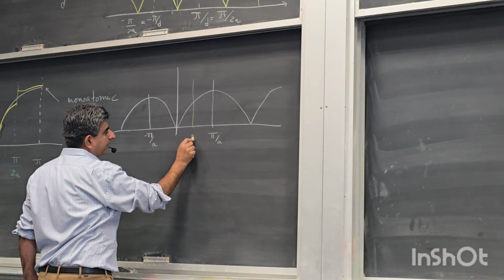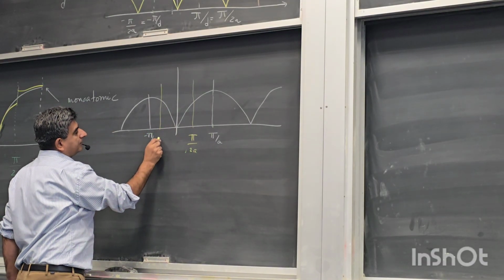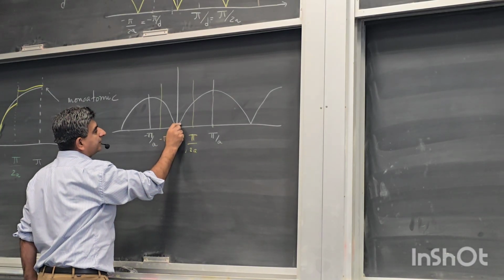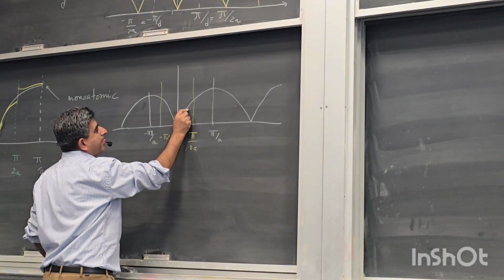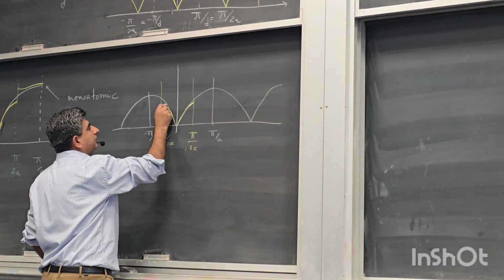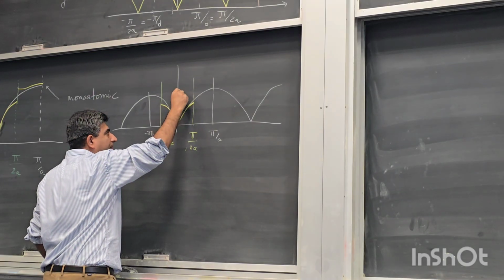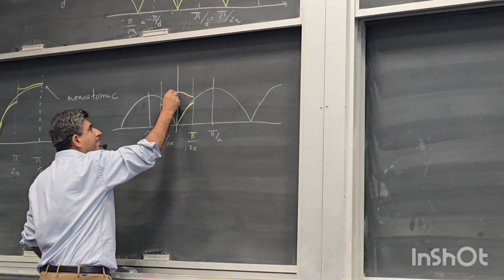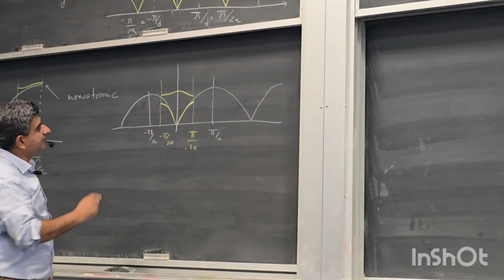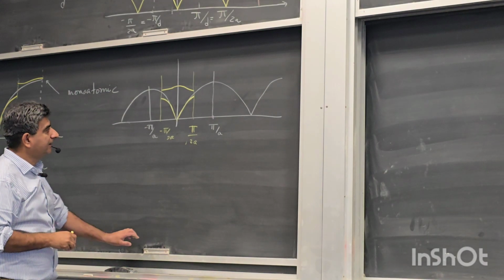For the diatomic case, the Brillouin zone has shrunk, minus pi over 2A, and it's drawn like this. And then there is this optical branch here. So this is the diatomic dispersion relationship as we saw in the other class.